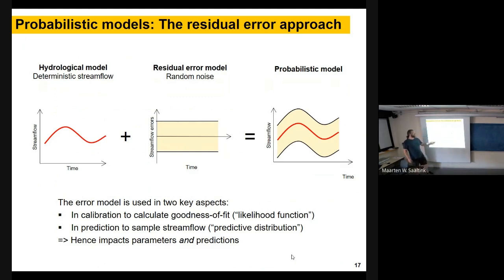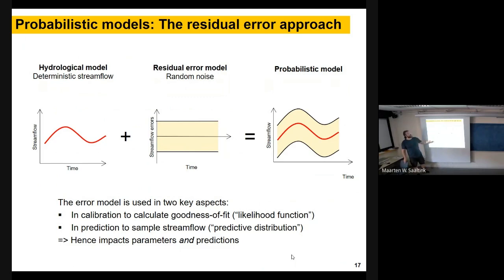Okay, so the error model specification will impact on the parameter values. And of course, it's also going to impact on our predictions. So if these bands are very wide, we're going to have very vague predictions. If these bands are narrow, we're going to have very precise predictions. But of course, it's going to depend where our observations are.